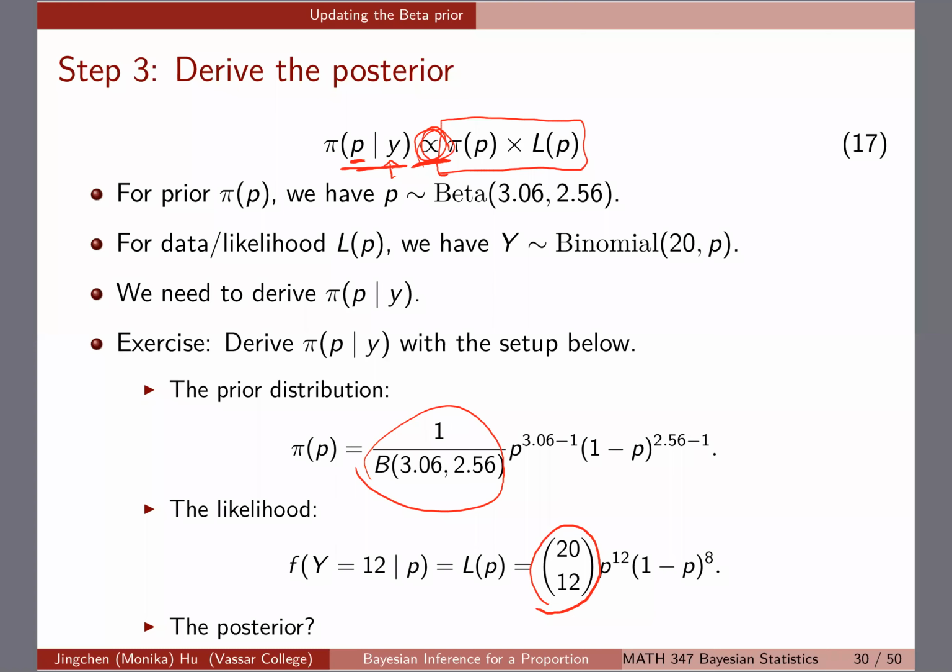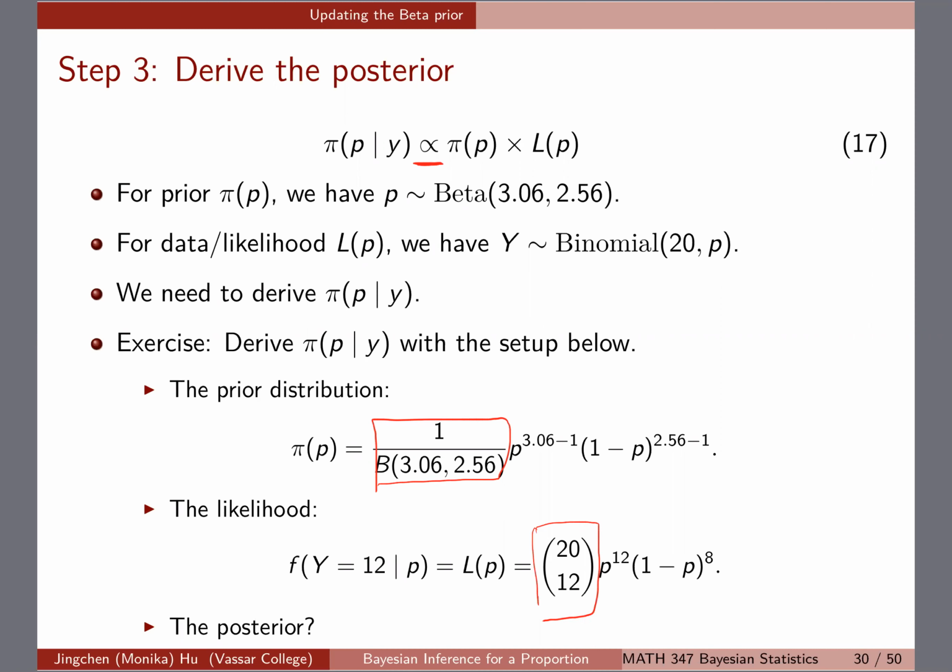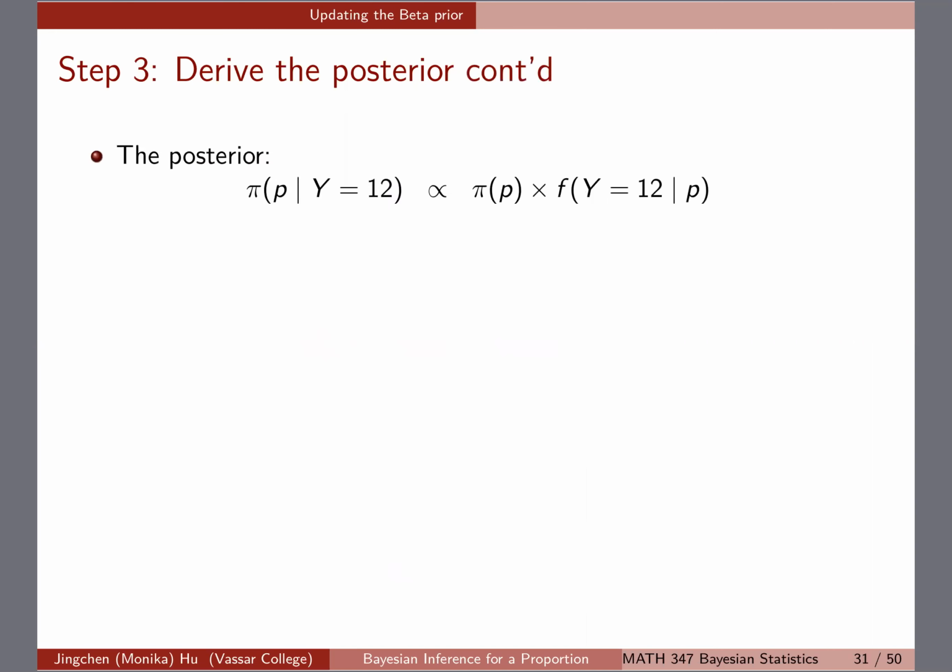Okay, let's look at this together. What I was saying earlier is that because we're working with a proportional sign, those are considered constants, because they're not about p. p is the only random variable here. So when we go to the posterior, we simply take the proportional sign of the prior times the likelihood.